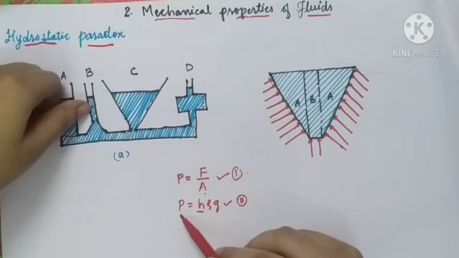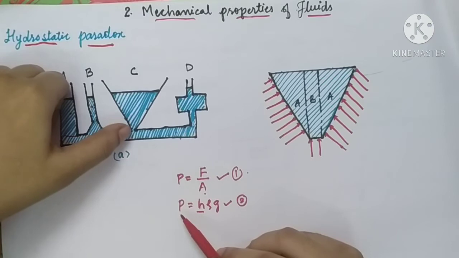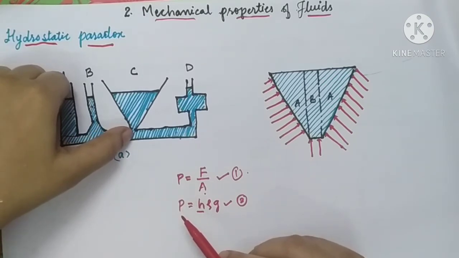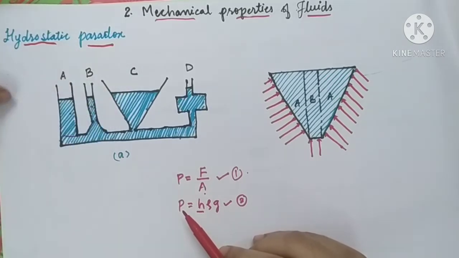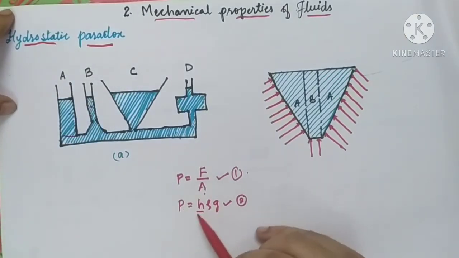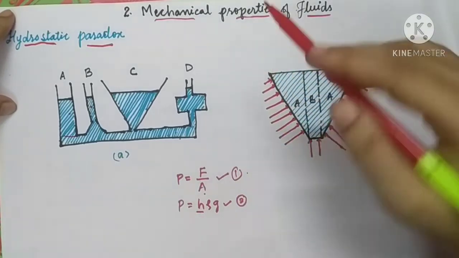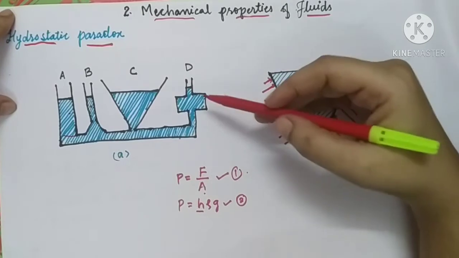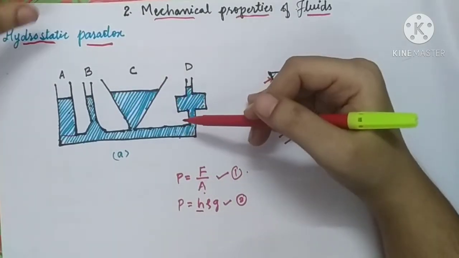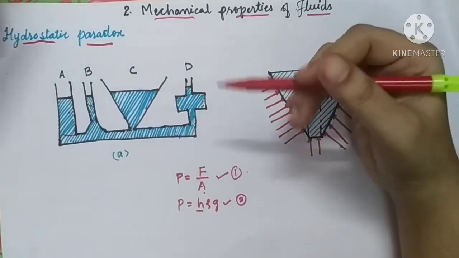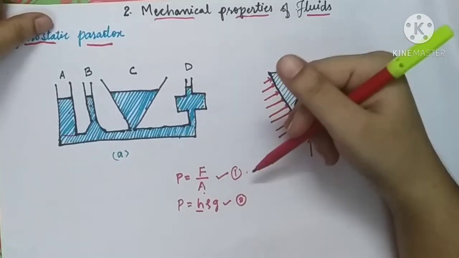For greater pressure there will be a large rise in the liquid, as greater the pressure, greater would be the height. So according to these two equations, the rise of liquid level in each container should be different.